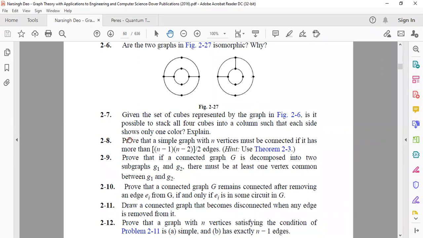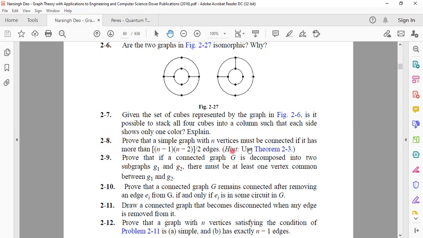But in graph theory, the situation is entirely different. Nothing is a theorem and nothing is a problem. Every problem can be regarded as a theorem, or a theorem can be a problem. If you consider theorem 2.3 that I talked about just now to be a theorem, then your question number 2.8 becomes a problem.